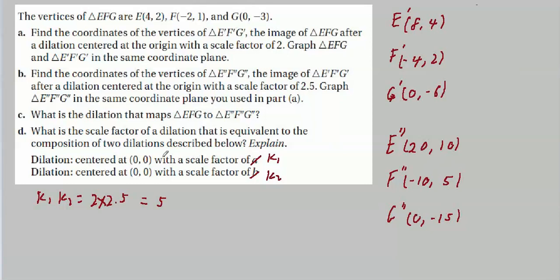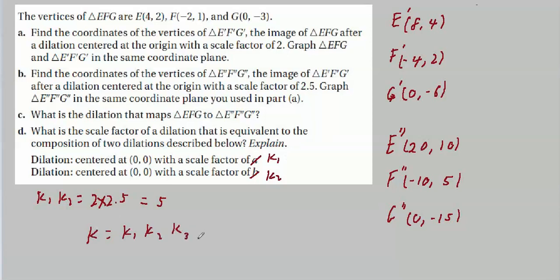We can compose dilations, and our resultant transformation is the same as one dilation with a scale factor equal to the product. So we can do this as many times as we want. We can apply 53 dilations, and that is the same as applying one dilation where K equals K1 times K2 times K3, dot, dot, dot. No, I'm not going to write out all 53 Ks.